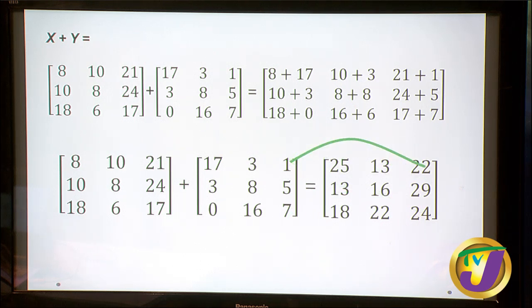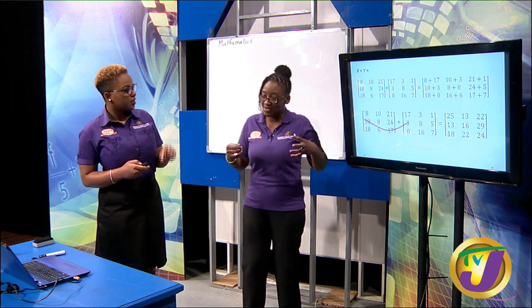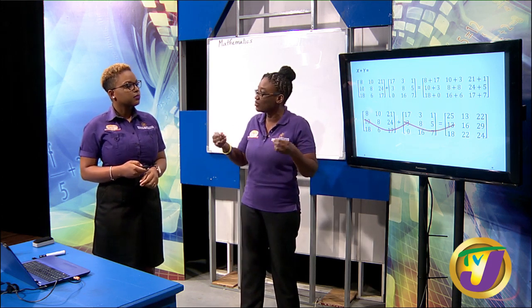Makes sense. When you're adding matrices, you just pay attention to the elements in the corresponding places in each matrix. So we look at the location that we described earlier. That's why it's important for you to know the location. That's right. And so we're adding elements that are in the same location.